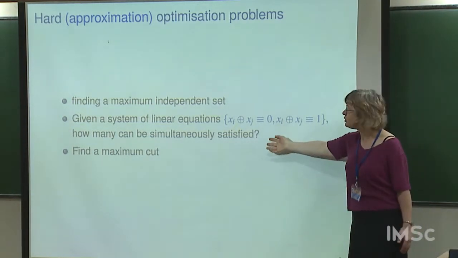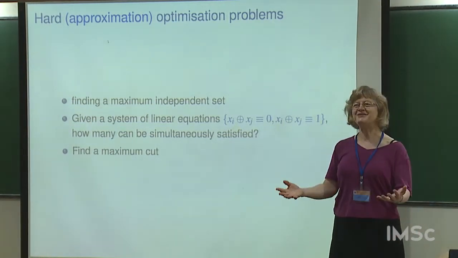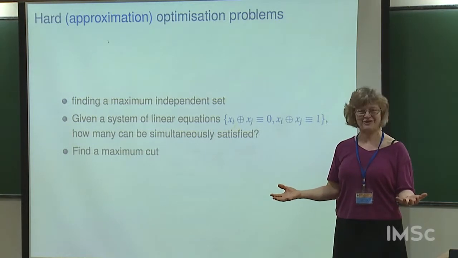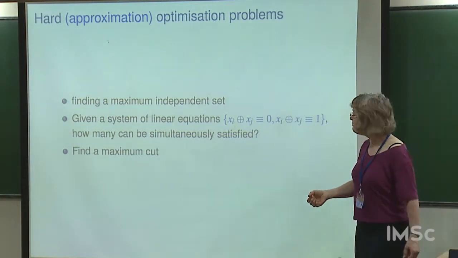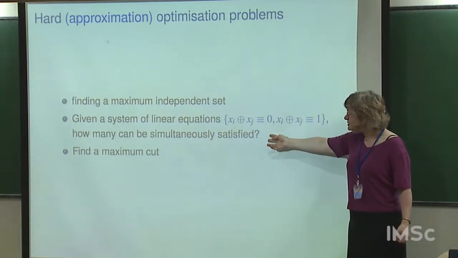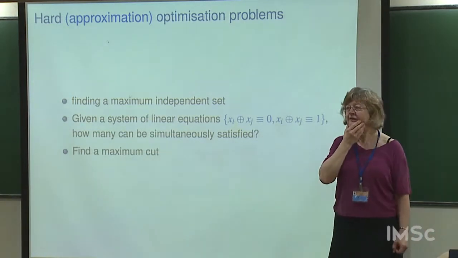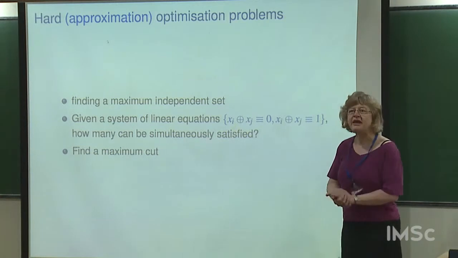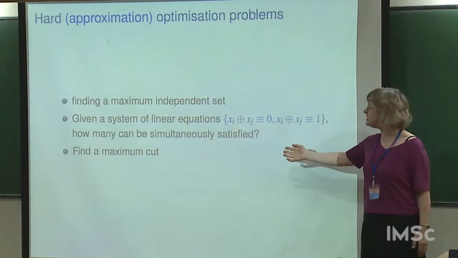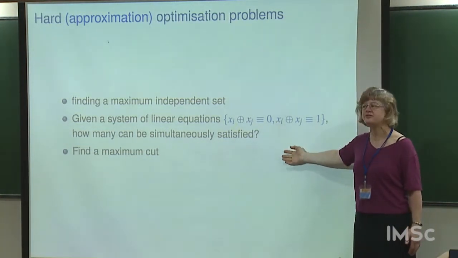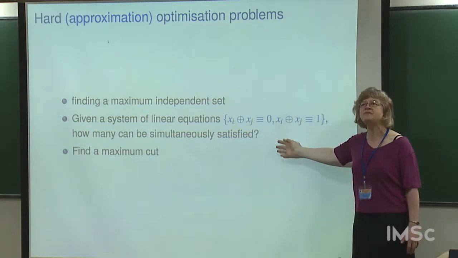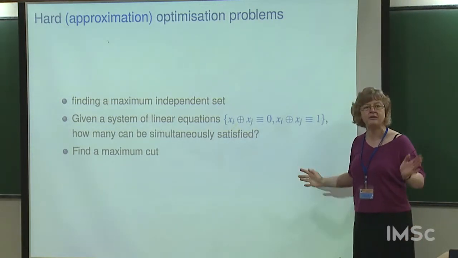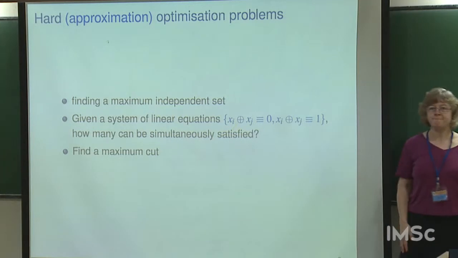It's easy to tell whether you can satisfy all the equations, yeah? But it's hard to tell how many you can satisfy simultaneously, what's the most you can satisfy, and in fact, PCP tells you that it's hard to get within 11/12 of the maximum. So this will just be something that we rely on along the way. Okay?